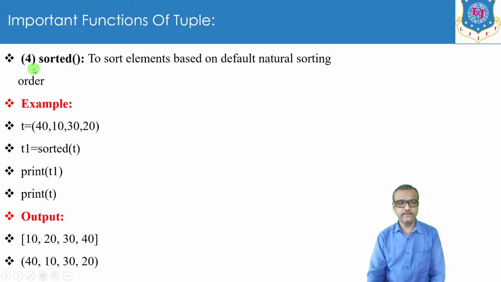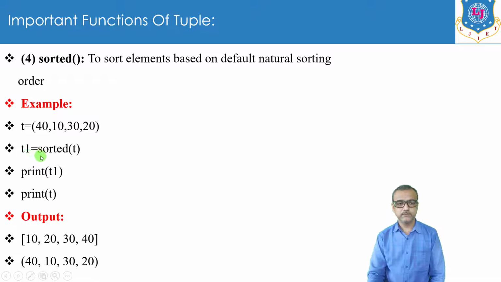Now we will see the next function, that is the sorted function. Now what will this function do? It sorts elements based on the default natural sorting order. For example, we have one tuple T, and in this tuple T we have these elements, that is 40, 10, 30, 20.